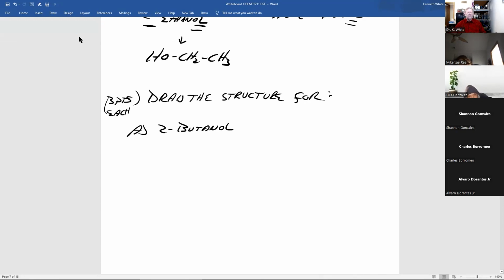And so the question would be, draw the structure for 2-butanol. I'll do this one. How do you know how to decode this and know what to draw? You start from the right, move left. OL ending. That tells you you have an alcohol, ROH.